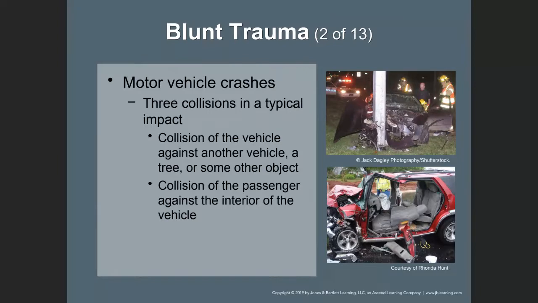The first collision is the collision of the vehicle against another vehicle, a tree, or some other object. So something stops the vehicle from moving. When we think about the first collision, we're thinking about access to the patient. So when you think about the first one, it's really access we're thinking about.